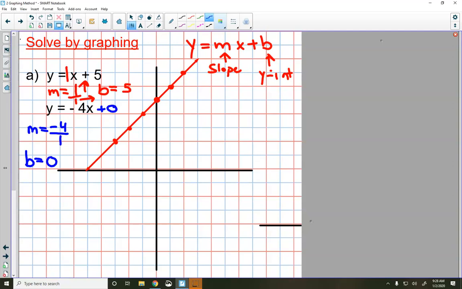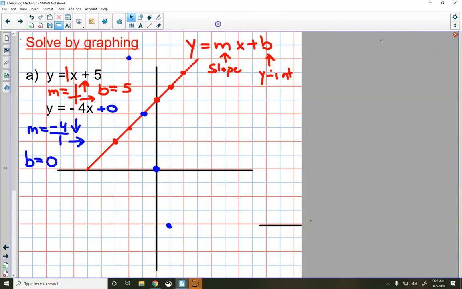We want to determine where they intersect. So, the origin is where our first point is, the y-intercept. Then I'm going to apply the slope to this, negative 4 over 1. That tells me to go down 4 and to the right 1. So down 4 to the right 1. But I don't want to keep going further away from the red line. So I'm going to go the opposite now. I'm going to go up 4 and to the left 1. Up 4 and to the left 1.